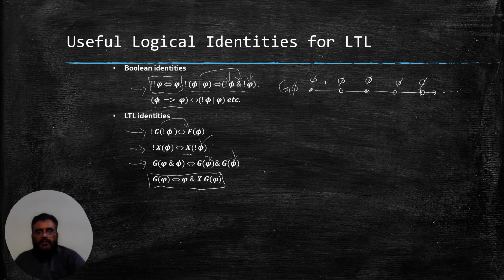I can simply chop this part off, and what remains is next of globally phi. The next of globally phi, then the next of this is again globally phi going to be true. This is useful when we are modeling use case requirements by means of LTL properties or LTL formulas.